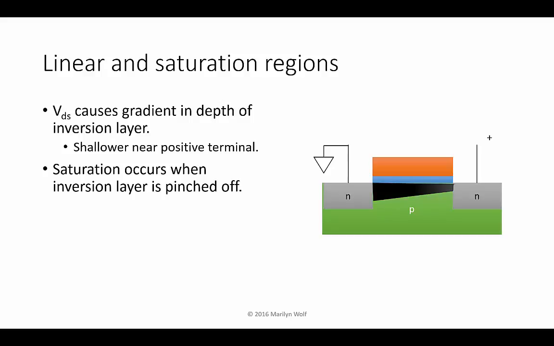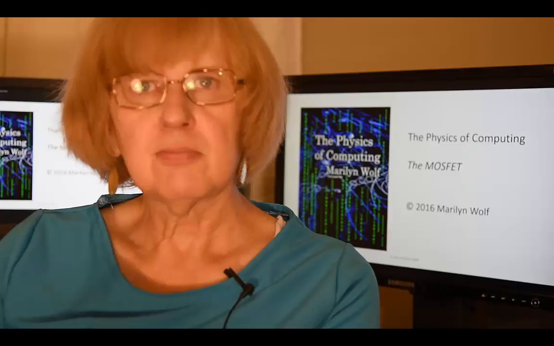As we increase VDS, the depth of the inversion region becomes narrower at one end of the channel. As we further increase it, we eventually reach what's known as the pinch-off point, at which the inversion region can become no thinner. The current saturates at the pinch-off point.